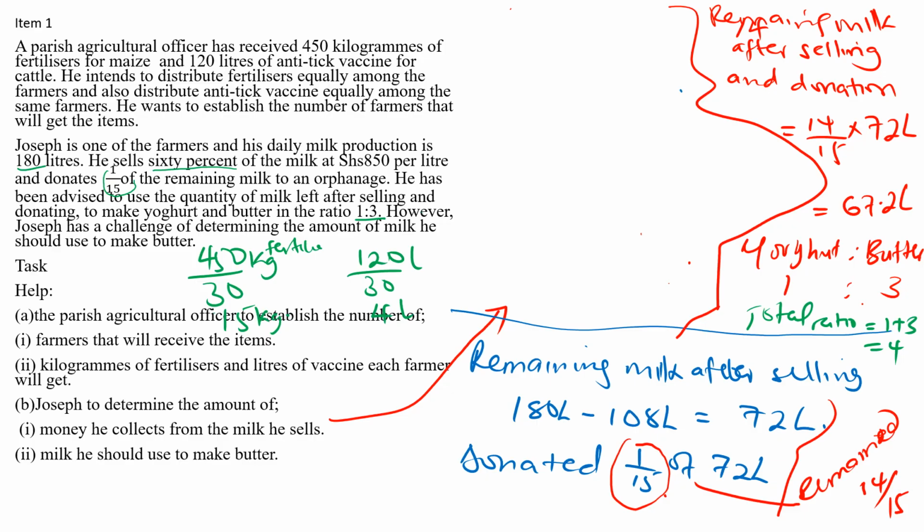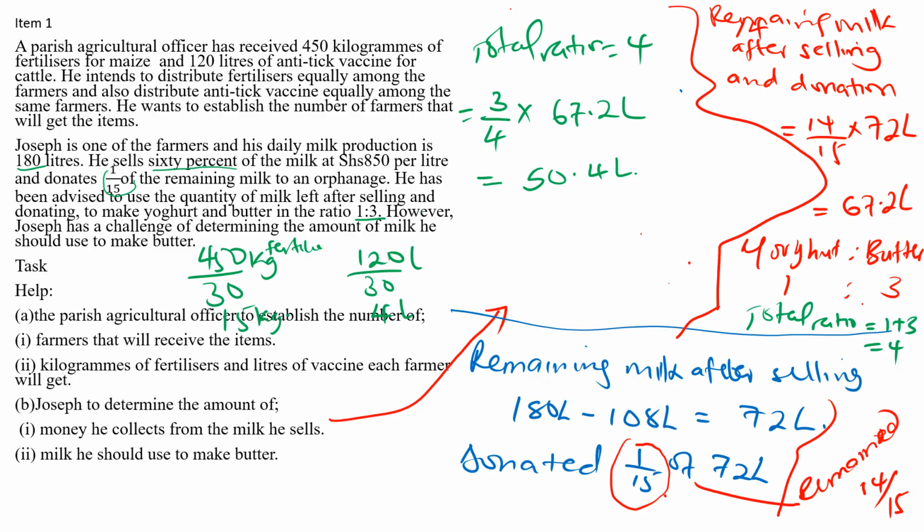So here the total ratio is equal to 4. Then, how many parts is butter going to take? 3. So come and say 3 out of total parts times the amount of milk available to make butter and yogurt, that is 67.2 liters. And here the answer is 50.4 liters.